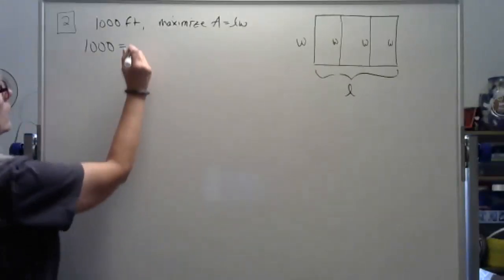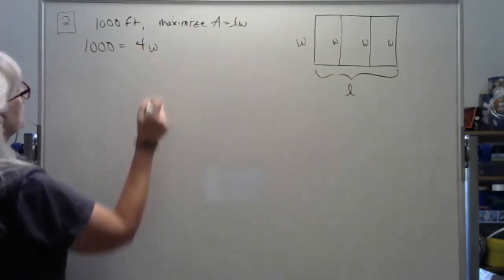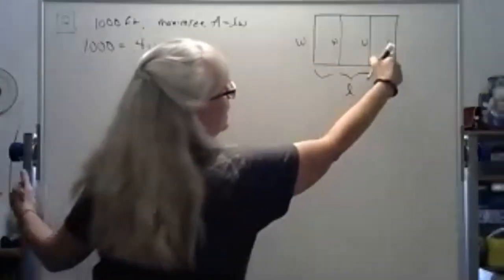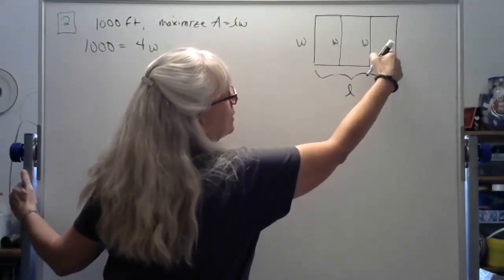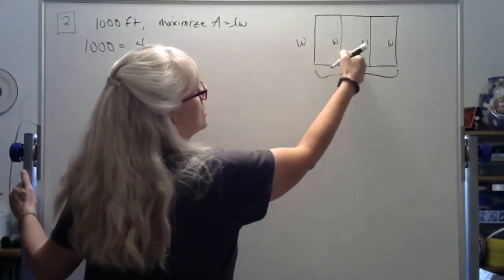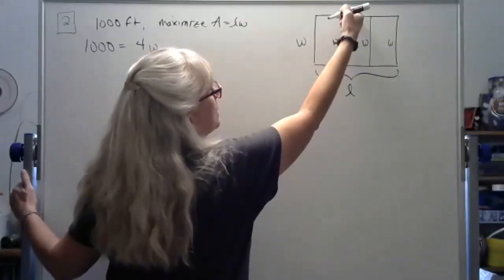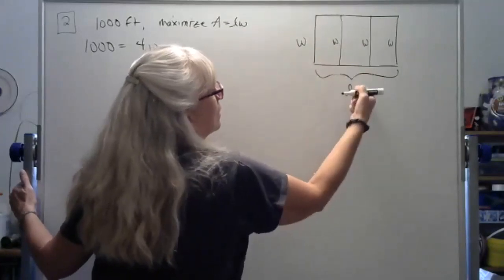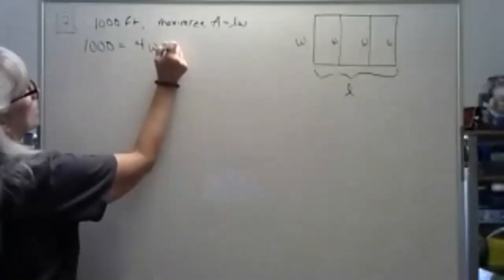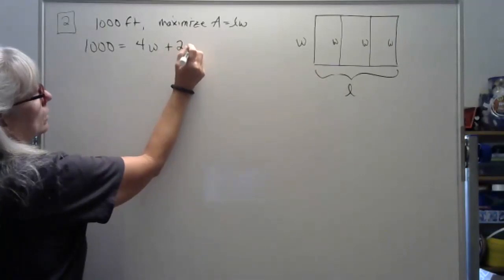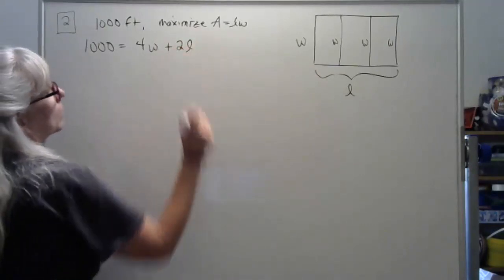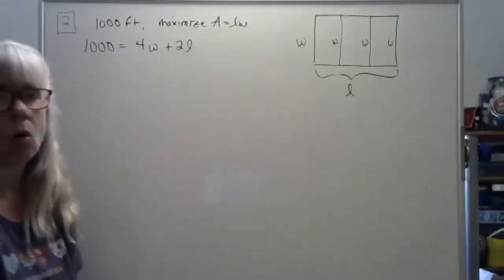Is it 4? Yeah, because this side is this one, right? So I've got 1, 2, 3, 4. Now this other side up top is another L. So how many L's do we have? 2. Yeah, correct. And that's the key to the whole problem.